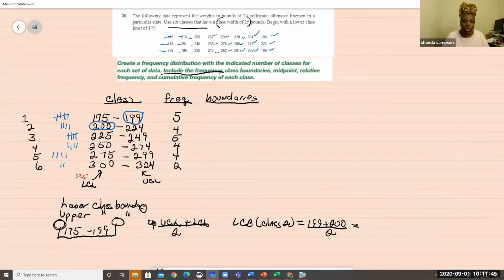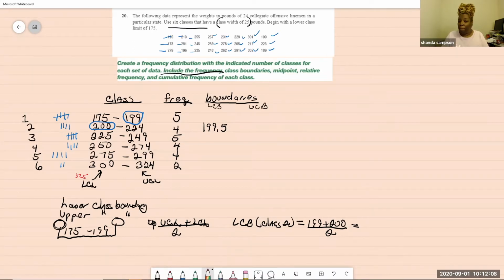So this is 199. So this is our lower class boundary. What's going to be our upper class boundary? Well, same thing. So now I need the upper class boundary for this class. So it's going to be 224 plus 225 divided by 2. Y'all with me? And you should know by now it's going to be halfway in the middle, so 224.5.